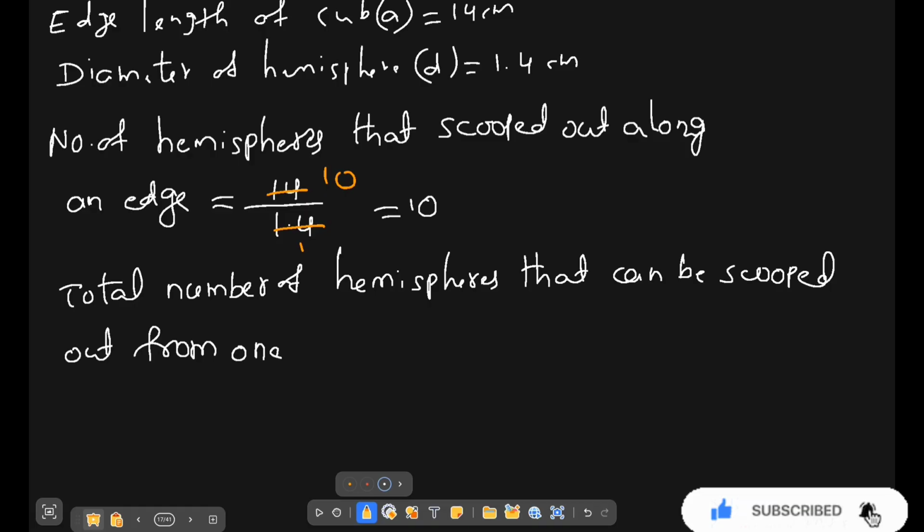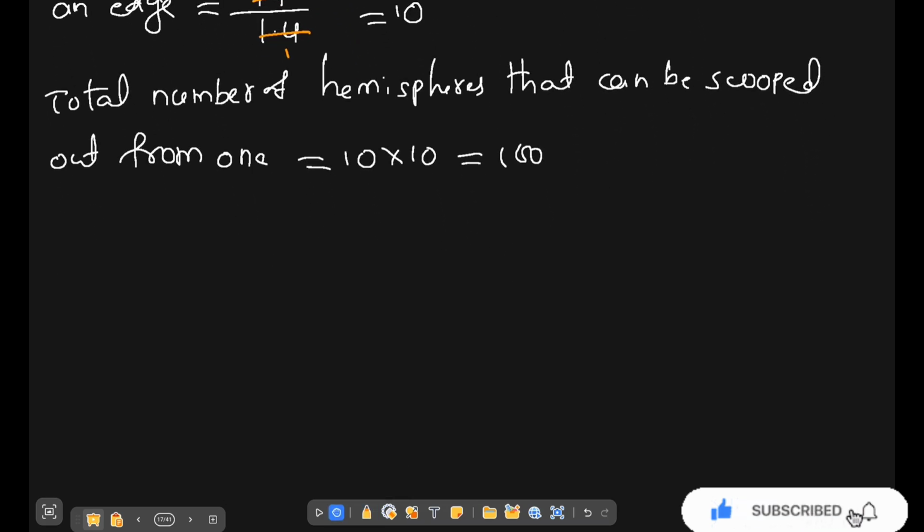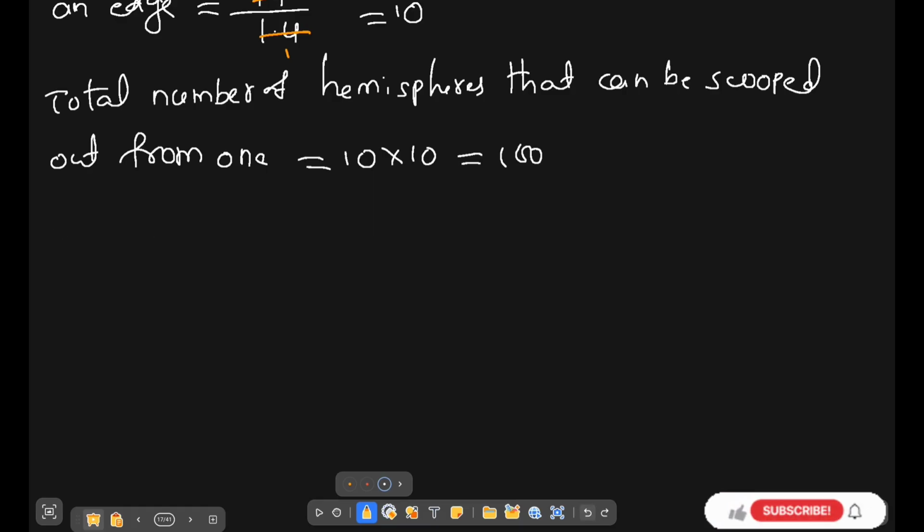So it will be equal to 10 into 10. So 100 hemispheres we can scoop out. So what is the remaining surface area of that face? We need the surface area of the remaining solid.